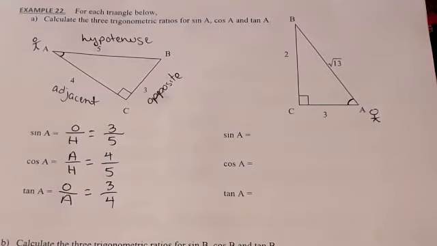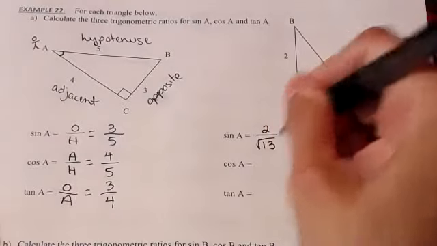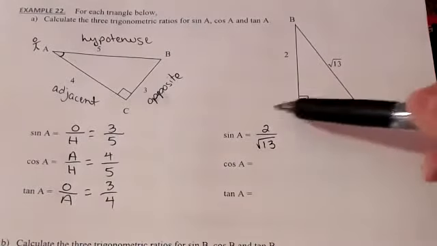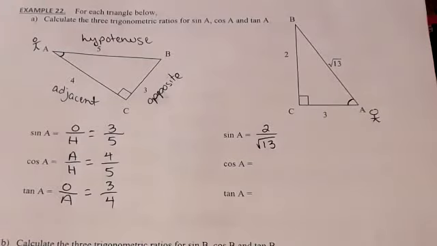Okay, very nice. Let's start with Tiana. What did you write for the sine of A? 2 over square root 13. Love it. In Lumen, this will be accepted. And actually for this course, even on the final exam, because the final exam is in Lumen, this will be accepted as well.